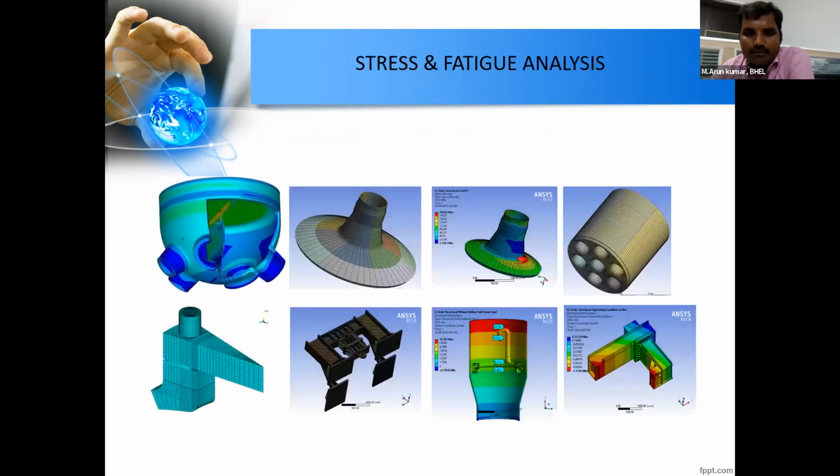Now, the results of stress analysis are based on various factors in FEM. The major factor is choosing the right element type. We choose for each and every problem, or in the same problem we couple different kinds of elements.